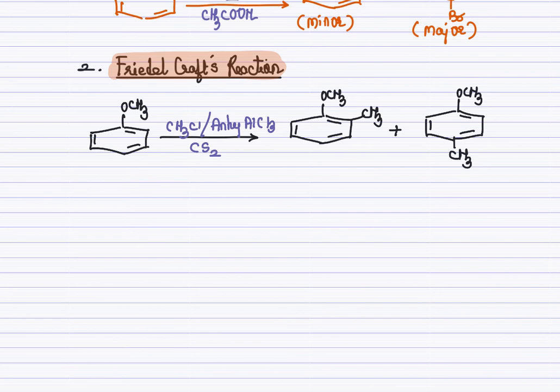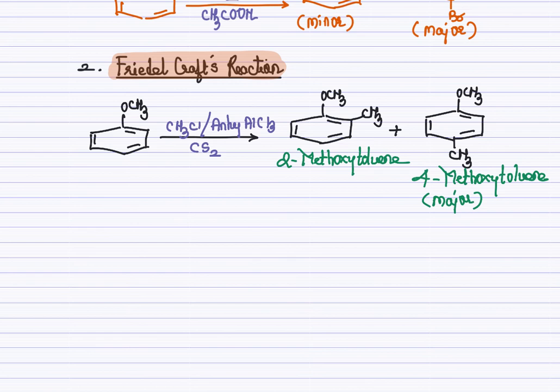This is 2-methoxytoluene, and this is 4-methoxytoluene. And remember, again here, the major product is the para product for a simple reason that there is less steric hindrance.